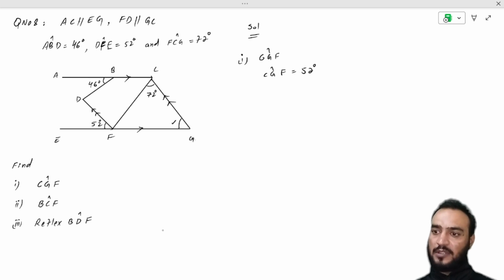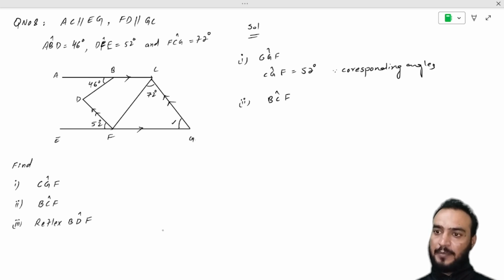As you know, the side GC is parallel to the side FD, so angle CGF occupies the similar position as angle EFD. So these two angles are corresponding angles. I'll write the reason: corresponding angles. So that's why angle CGF is equal to 52 degrees.